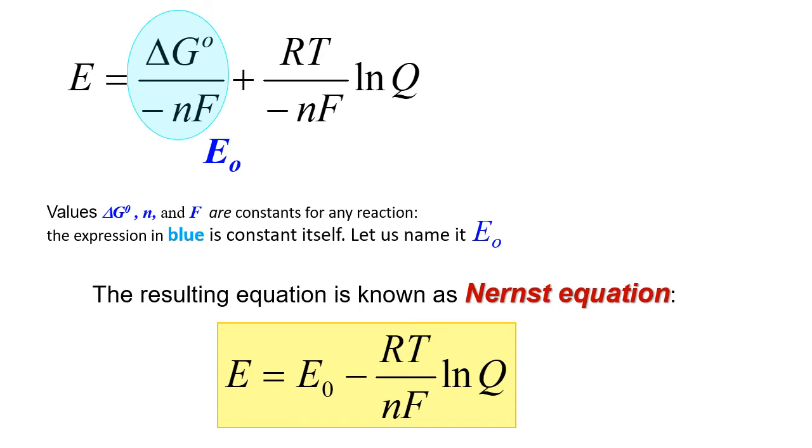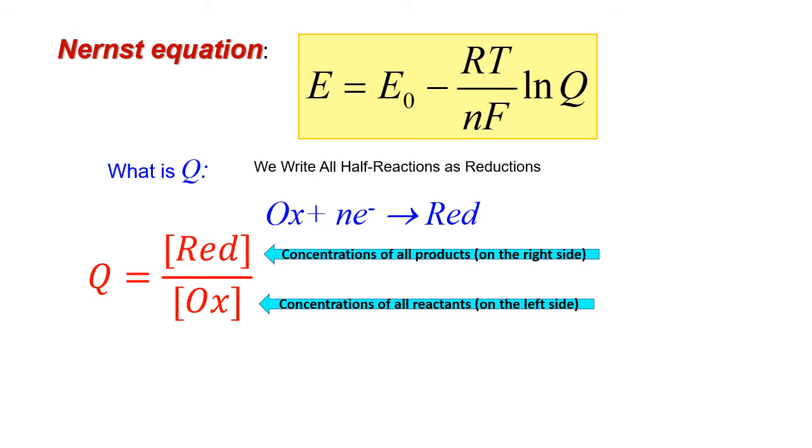Then, because we are dividing by minus nF, plus will be replaced by minus. The resulting equation is known as the Nernst equation: E equals E0, some constant, minus RT divided by nF ln Q, where Q is the reaction quotient.